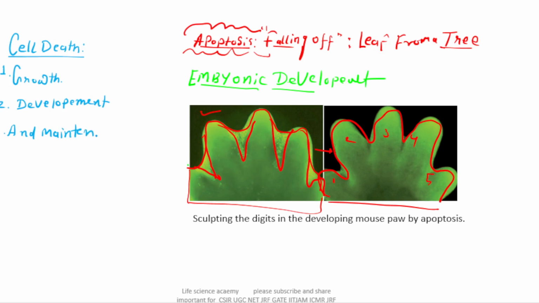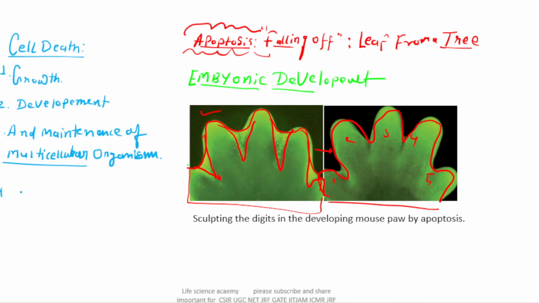Remember, multicellular, not unicellular. So, apoptosis is happening where? In multicellular organisms, which depend not only on the production of cells but also on the mechanism to destroy them.